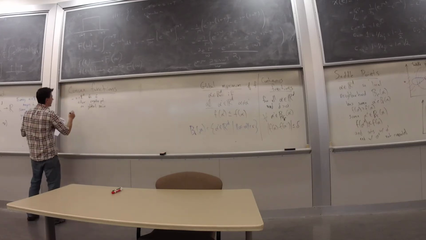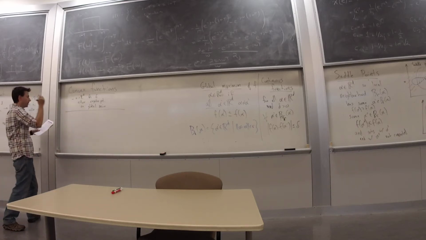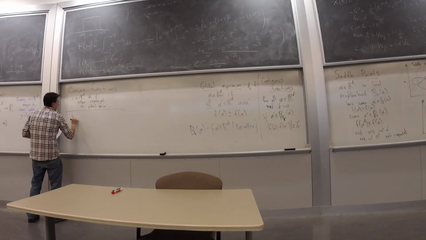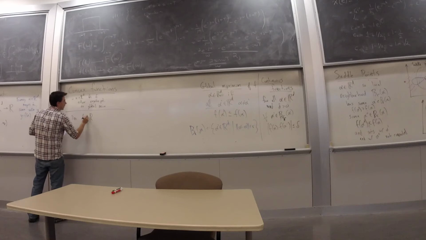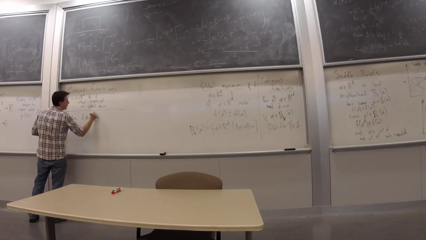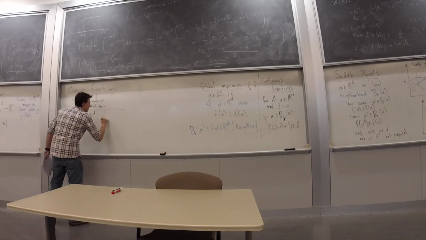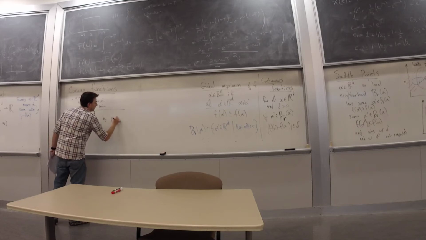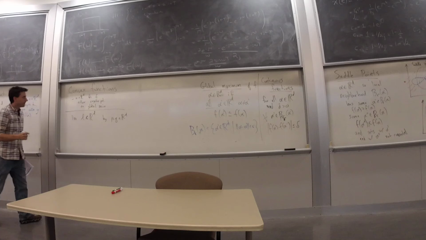In order to define convex functions, I need to first define a line L, which is going to be a subset of R^d. I'm going to define it by 2 points, P and Q in R^d.